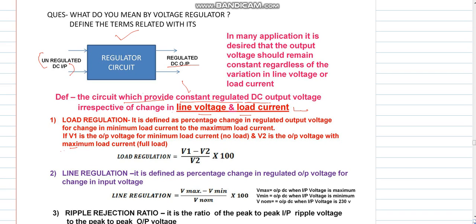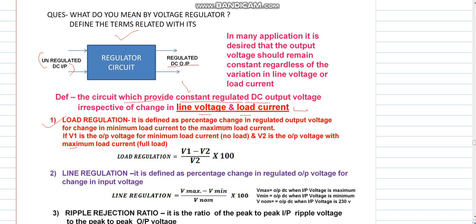There are terms related to the DC power supply. The first term is load regulation. It is defined as the percentage change in regulated output voltage for a change from minimum load current to maximum load current.